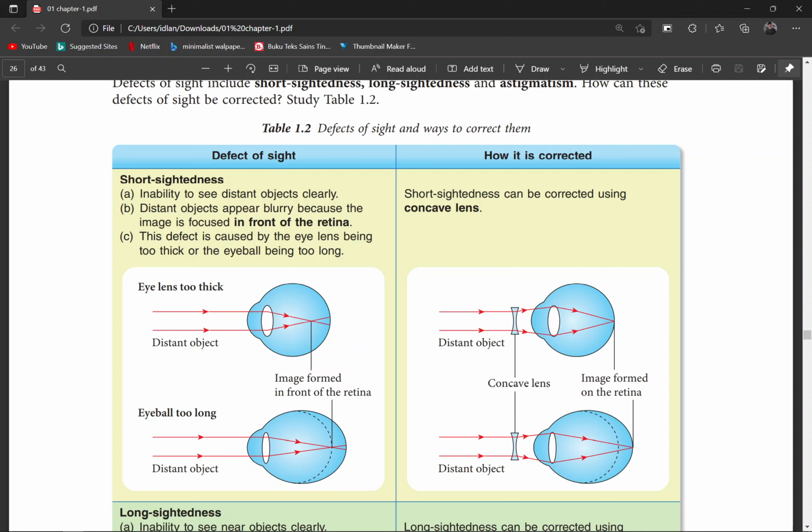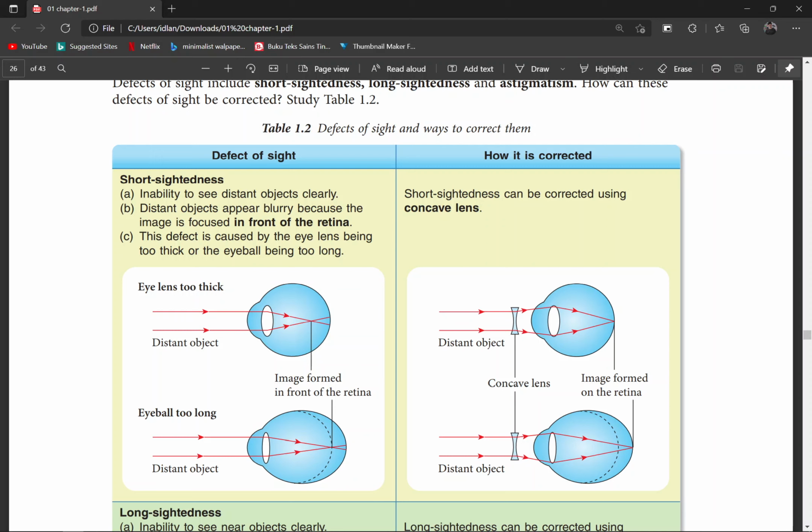Bila dia keluar lambat, dia akan mengataskan sedikit kedudukan light rays tu. Dia akan pantulkan sedikit supaya nanti bila dia nak intersect semula dekat dalam mata kita, dia semakin jauh lah. Kalau ni dekat sangat, ni jauh.